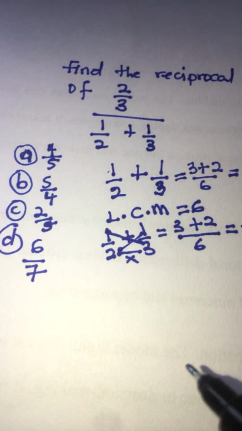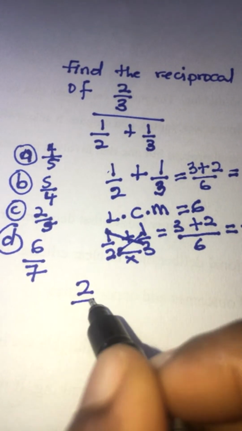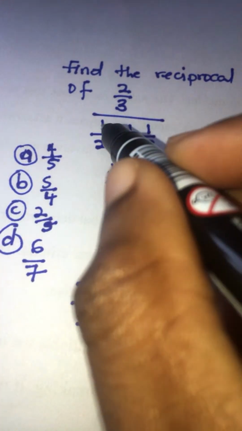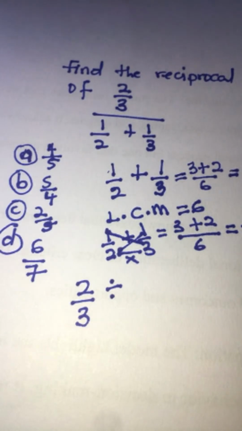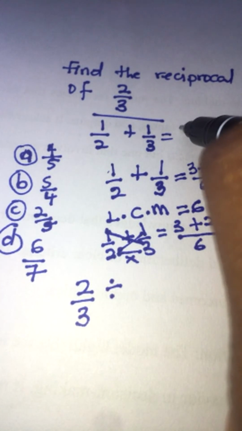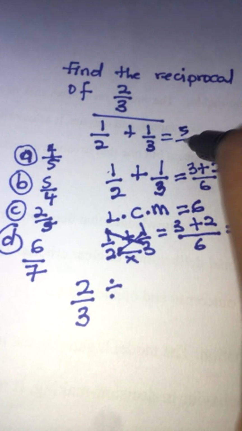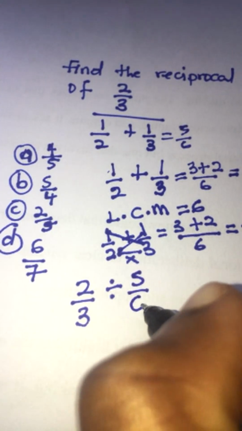So let's come back to the question, which is 2 over 3 all divided by what we got for this one. All this is equal to 5 over 6. So divided by 5 over 6.